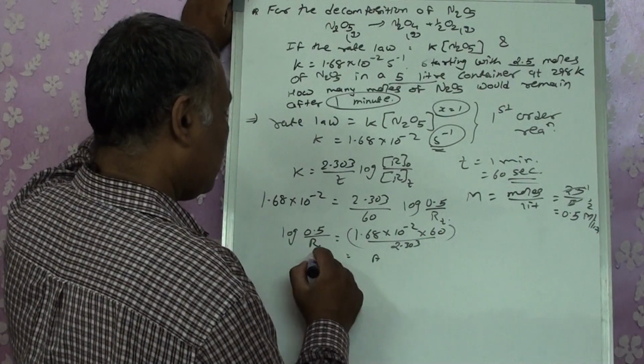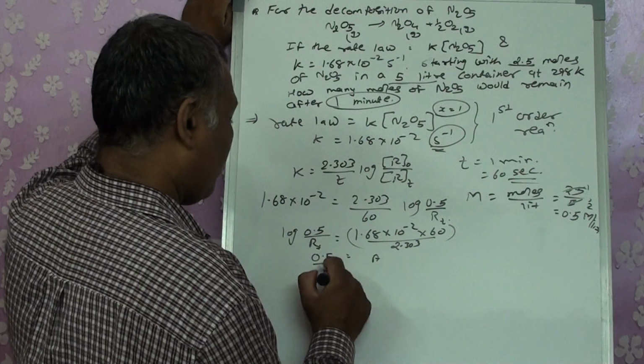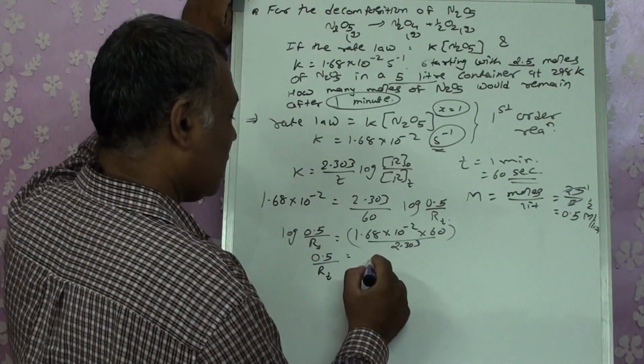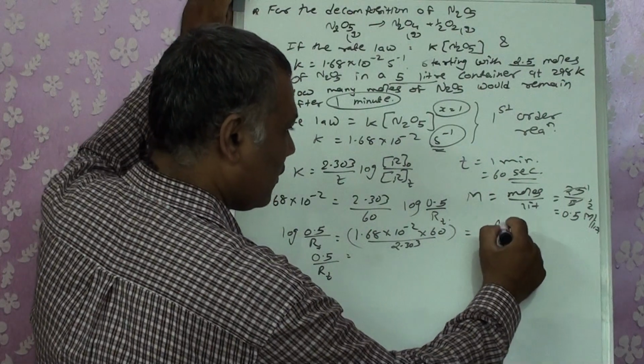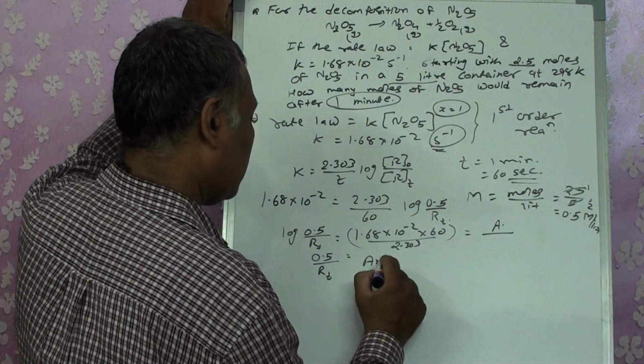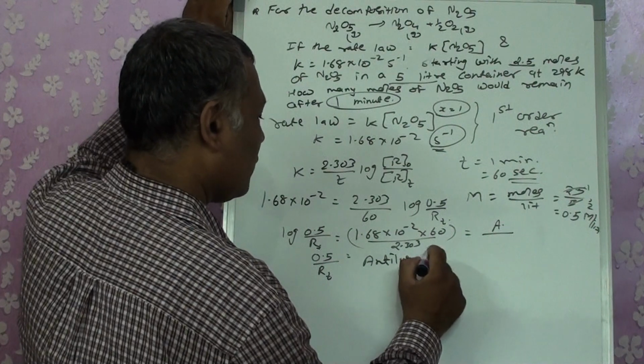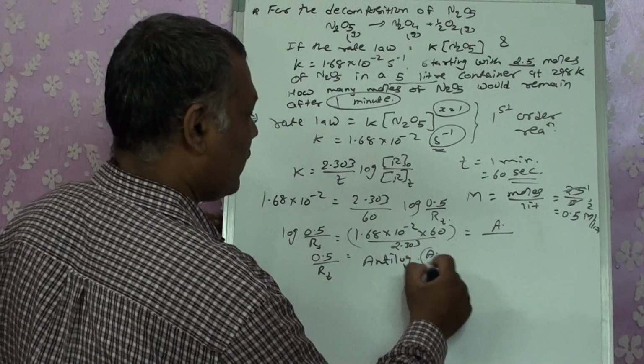This will give me one answer, which I put as log 0.5 upon RT. Whatever answer you get, we'll take the antilog of the given term.